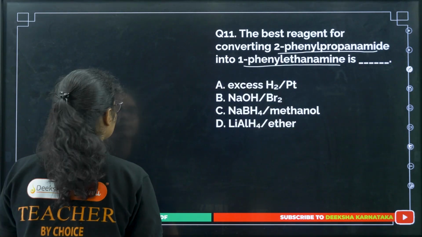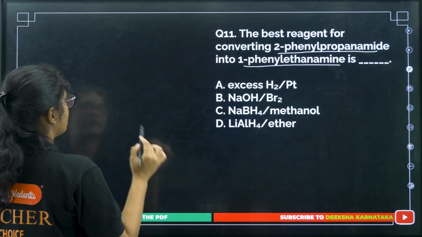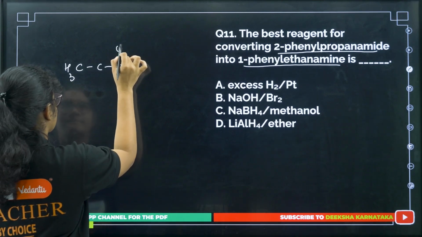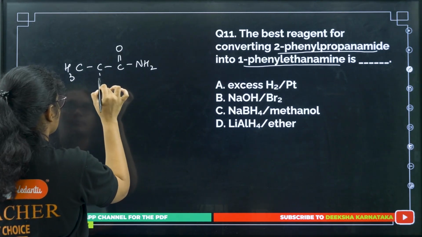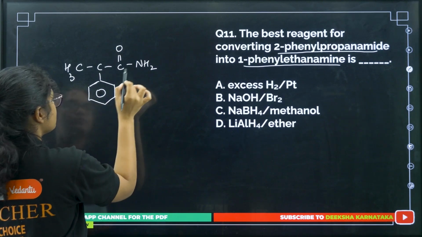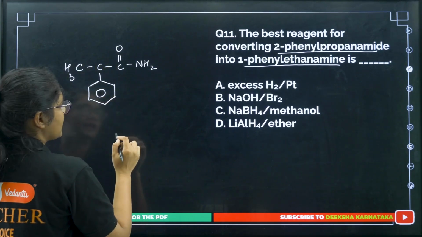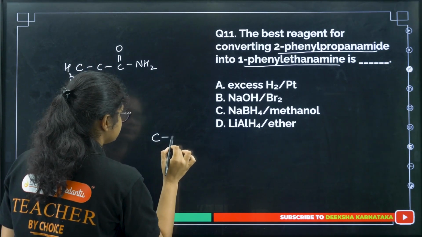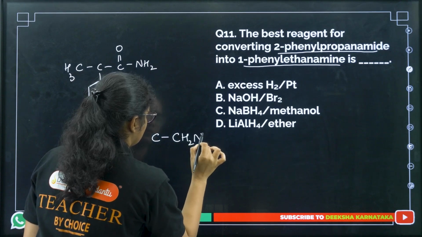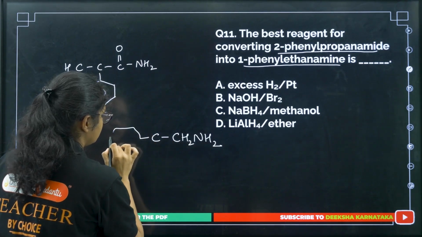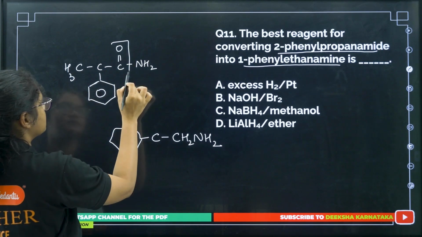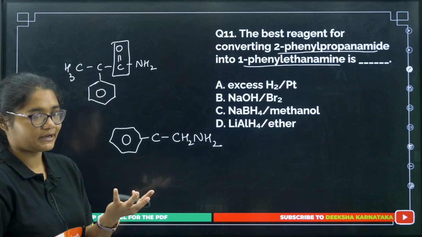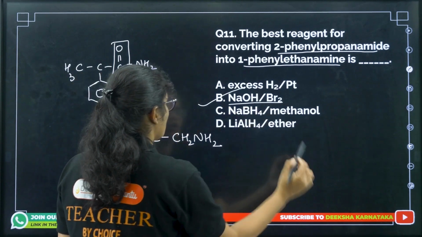So you have here ethanamine. 1-phenylethanamine. So it means this part is removed, right? So what we will get? This is called your Hofmann bromamide degradation. We need Br2 with NaOH, option number B here.